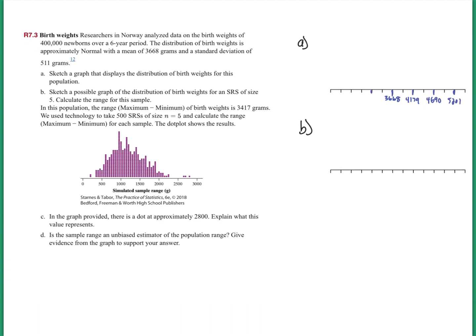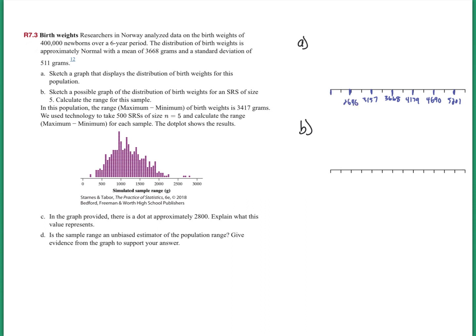So now we'll go below the mean by subtracting 511. If you subtract 511 from 3668, you get 3157. Subtract 511 from that, you get 2646.